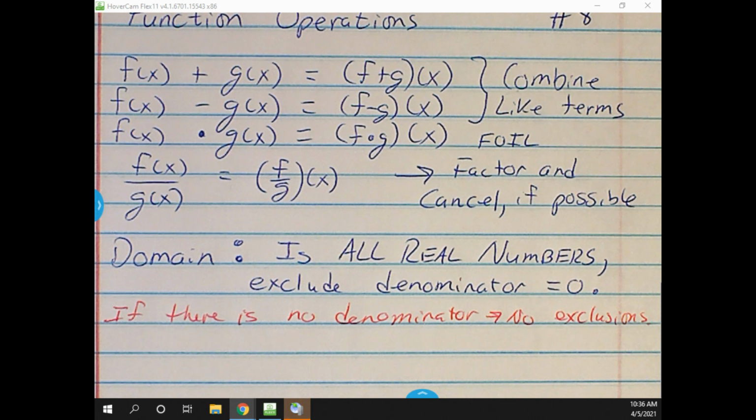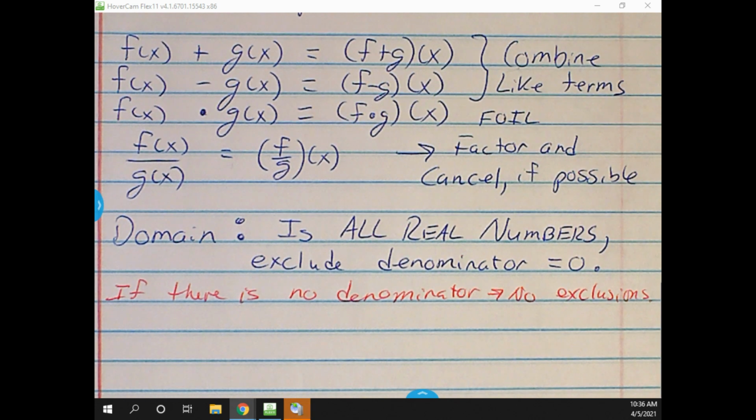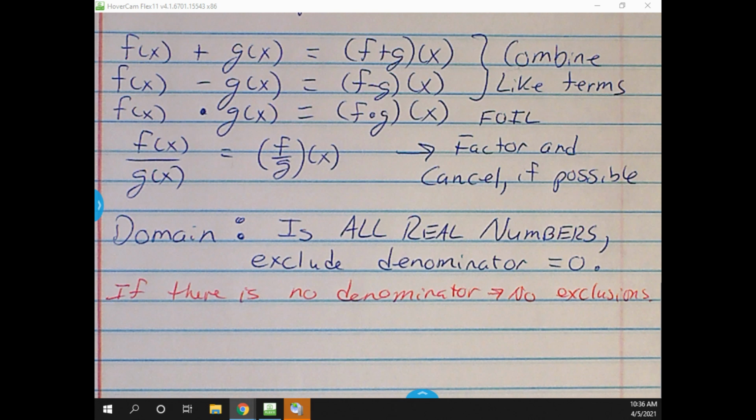Okay, because sometimes when we've done some problems before, people get a little thrown off because they're like, well, there's no denominators here. I'm like, well, that's good. If there's no denominators, then there's no exclusions that you have to worry about. It's just all real numbers.